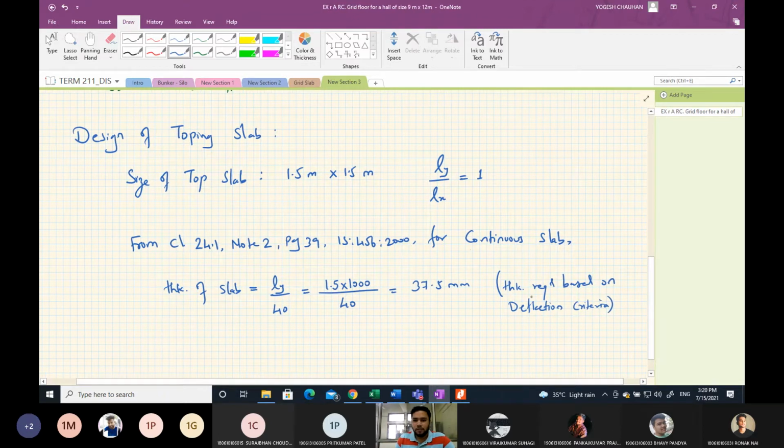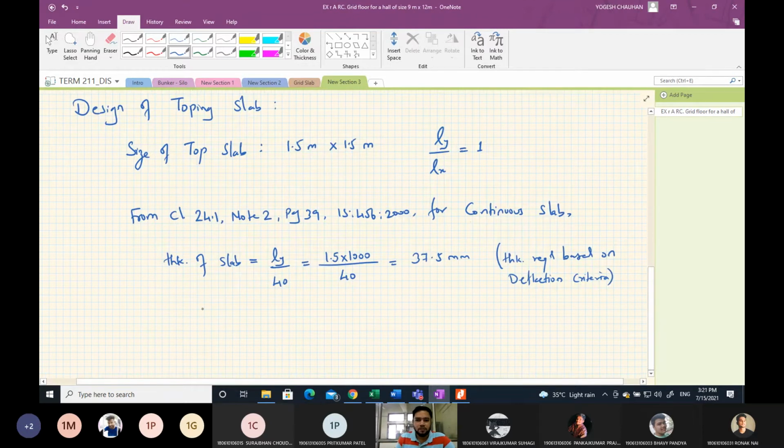Now here the thickness will not be governed by deflection criteria because the thickness required is too small.